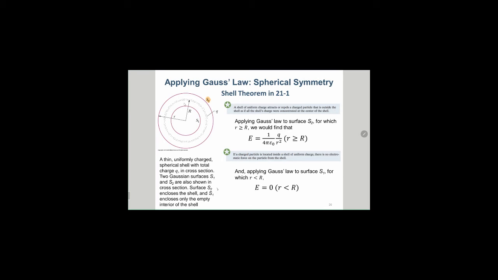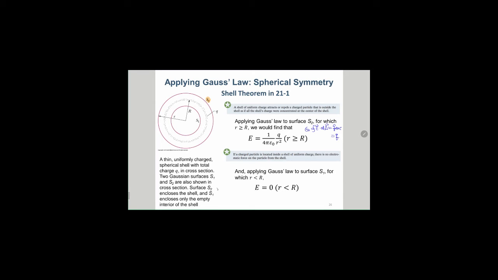When we apply Gauss's law for S2, writing it out, epsilon naught times the surface integral of E dot dA equals Q enclosed. This Q enclosed is small q.